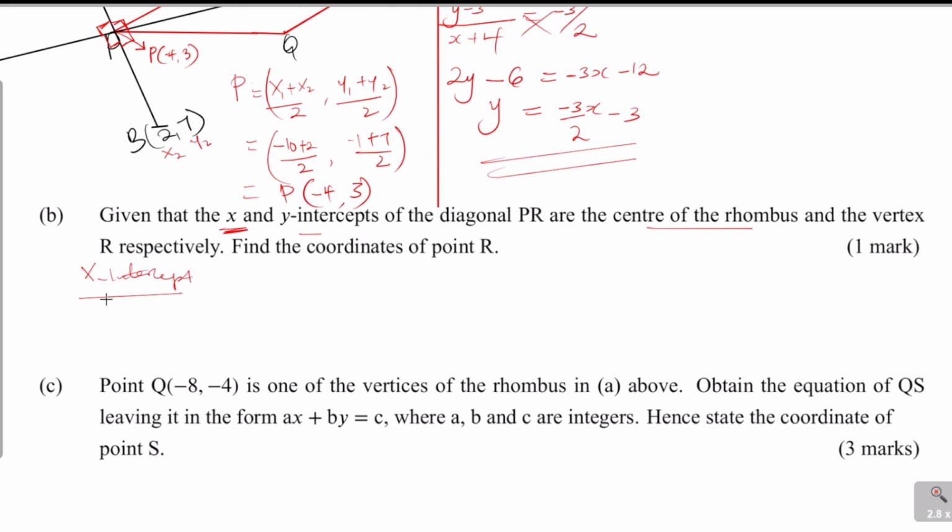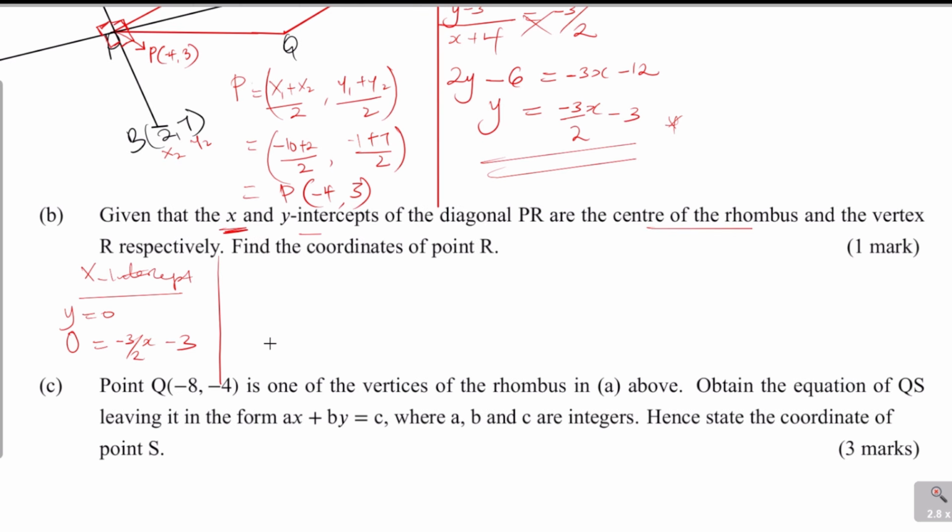So we start with the x-intercept, which will give us the center. And you know that at the x-intercept, y is 0. So you simply take that equation and substitute y with 0. So you'll get 0 equals -3/2x minus 3. Now get x.